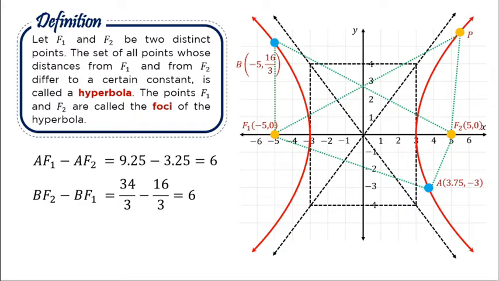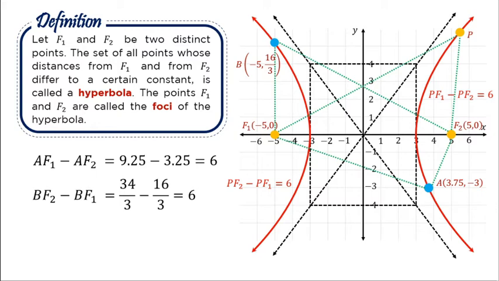If the point is located on the right curve, the formula will be P to f sub 1 minus P to f sub 2, and that should be equal to 6. And if the point is located on the left curve, the formula will be P to f sub 2 minus P to f sub 1, which should also be equal to 6.